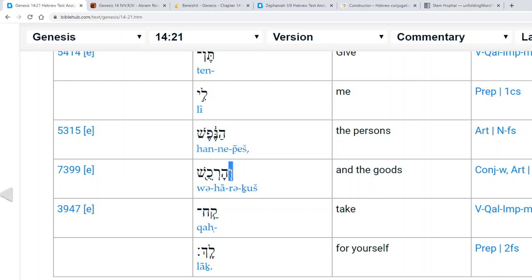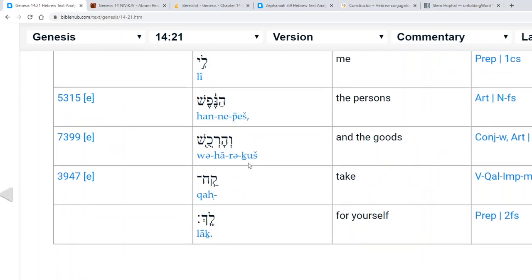Vaharechush, so conjunctive vav, hey is the article. Rechush we've had many times. This is the goods. Kach lach, and again, this is lekachat, to take, qof chet hey in the imperative. Take for yourself. Kach lach, and the lach is in the feminine singular.